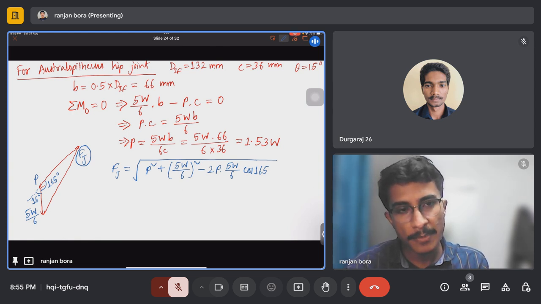This formula comes from vector mathematics.